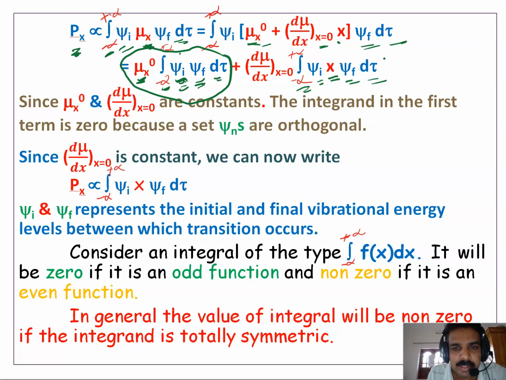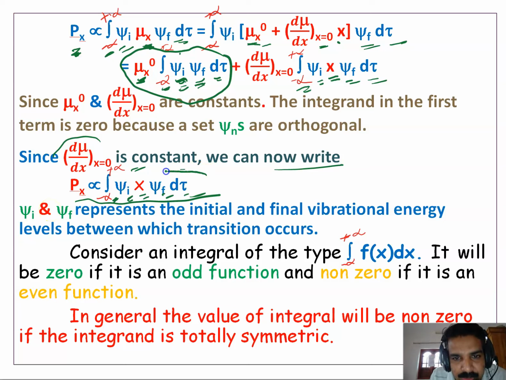Since dμ/dx is a constant, we can now write that Px is proportional to the integral from minus infinity to plus infinity of ψ_i x ψ_f dτ. Okay, and this is our equation. We want to evaluate this integral.